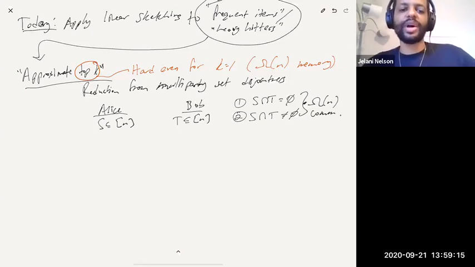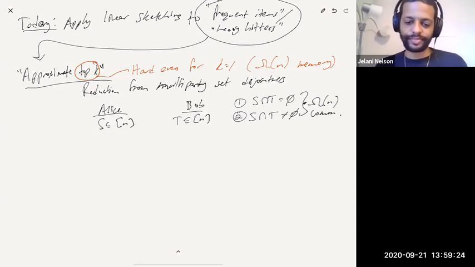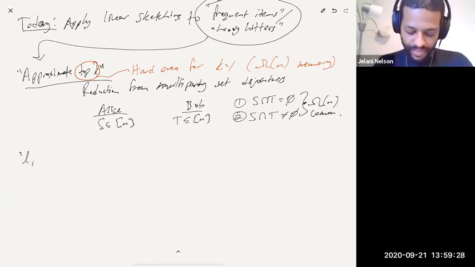So if you want to solve the exact top K problem, forget it in low memory. It's going to take you a lot of memory. So we settle for some approximate notion of top K. And right now what I'll talk about is something called the L1 heavy hitters problem.